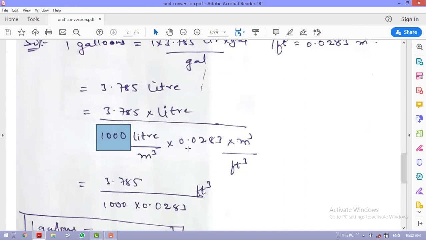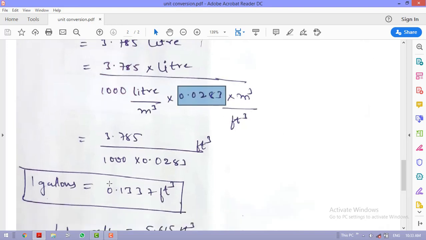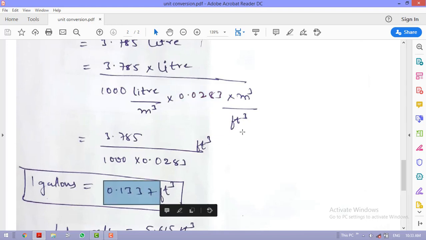Okay, then later on, whatever answer you got just by dividing 3.785 by 1000, which is nothing but 0.003785, if you then divide by 0.0283, you will get a final answer of 0.1337.